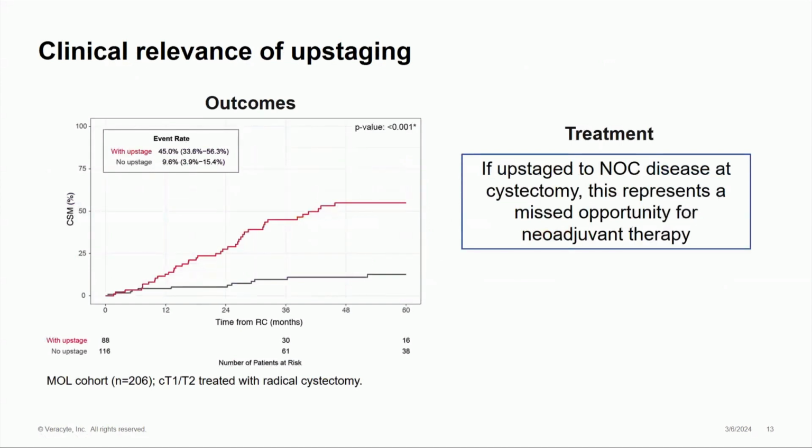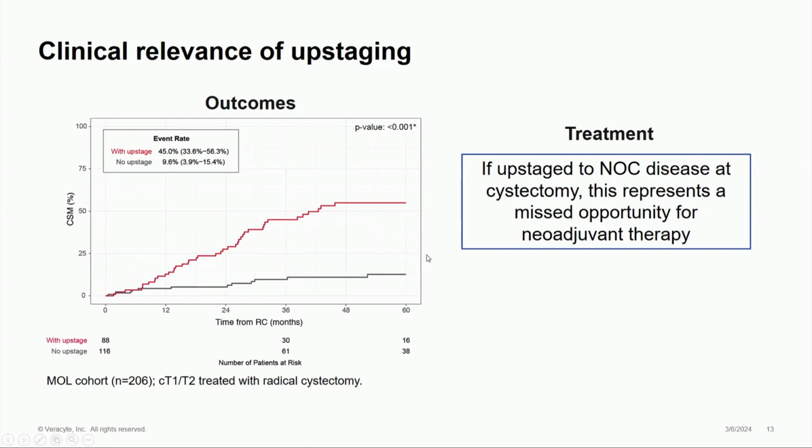So why does this even matter? Well, of course, as we know, and this data is based on a cohort of 206 patients treated with radical cystectomy only, so no systemic therapy, all clinical T1 and T2. You can see when they're upstaged, when they're non-organ confined, people generally are not having a very good day. When they are organ confined, surgery can be curative, and so they're doing much, much better.